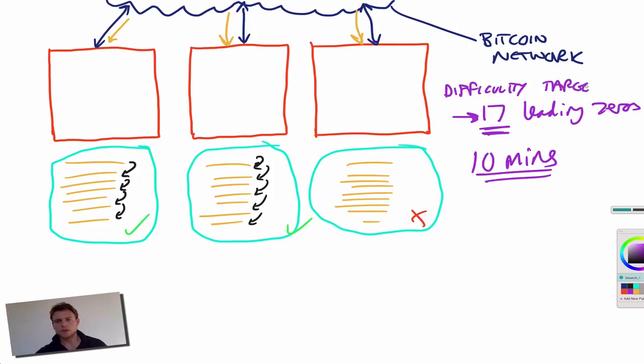Why is that? By design, this 17 is known as a difficulty target, meaning the number of leading zeros that I specify to say, keep hashing until you find a hash that has 17 leading zeros.